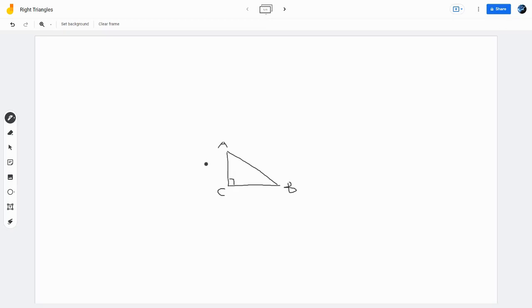What we're claiming is that the square formed over here plus this square formed over here is going to be equal to the area of this square over here. Sorry, these are not the best squares, but there's actually a really nice proof of this.